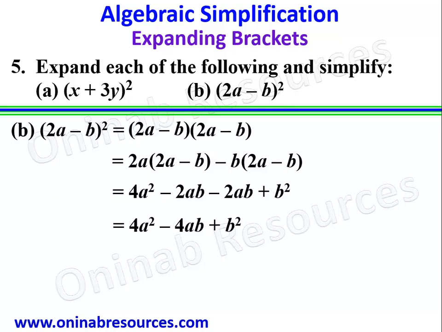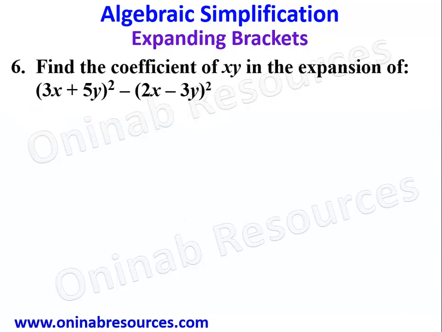We go to problem 6. For problem 6, find the coefficient of xy in the expansion of this difference of squares of two brackets. Now what we do is we expand individual brackets, then simplify them together.